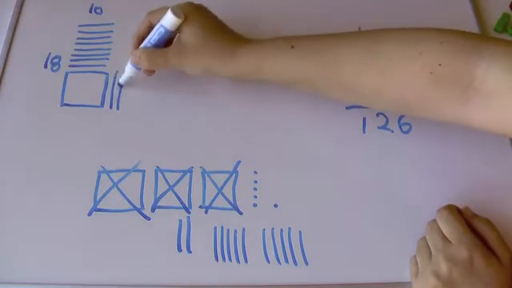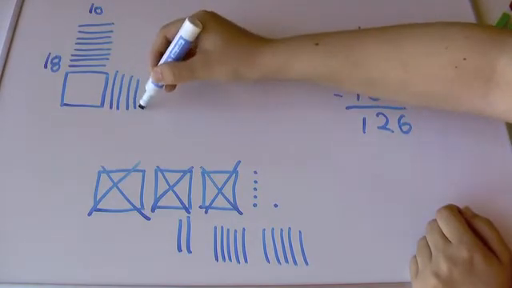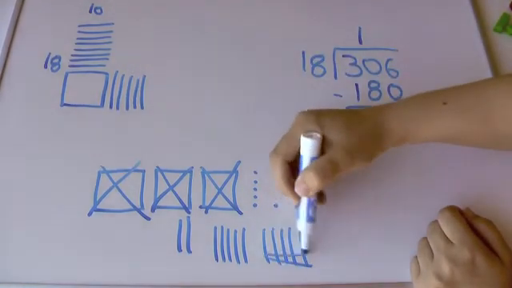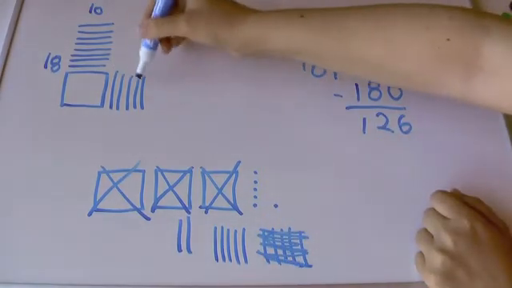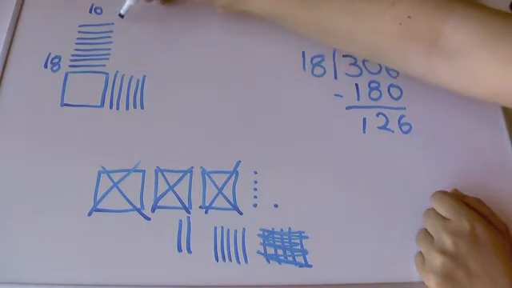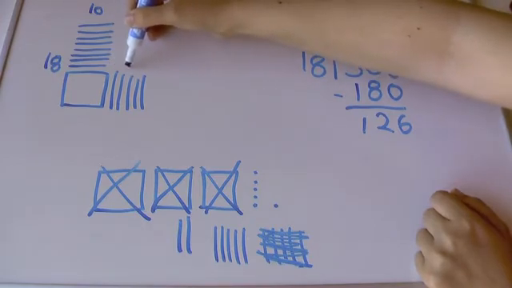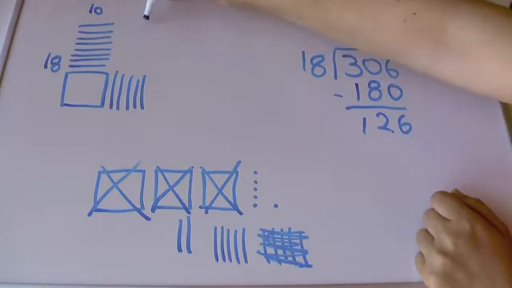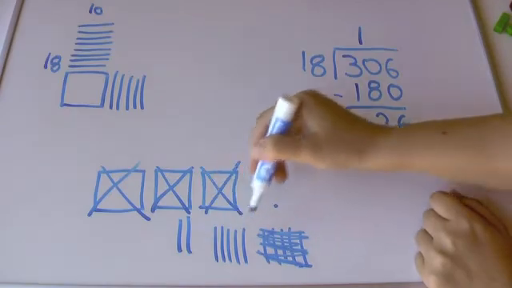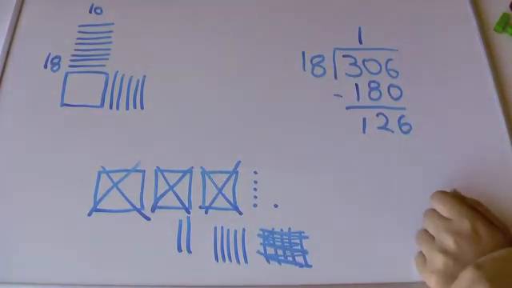Let's just take away these 5. Okay. So if I use up 5 tens, to fill in the rest of the rectangle, I need 5 times 8. So the rest of this, to fill this in, would be 5 times 8, which is 40. Do I have 40 left here? No, I have more than 40 left.